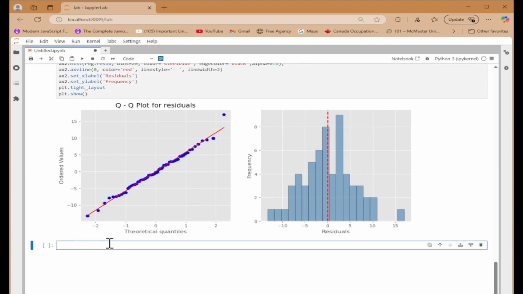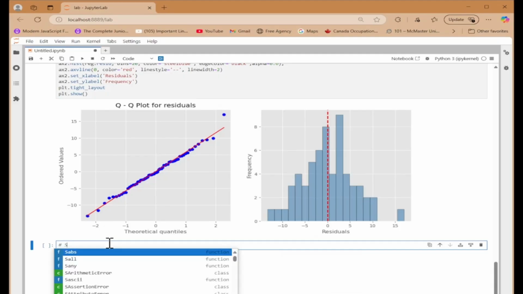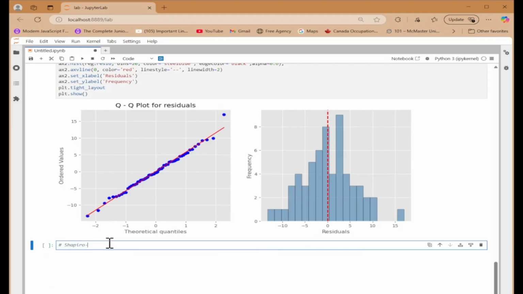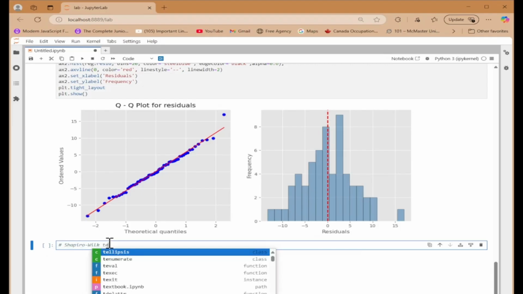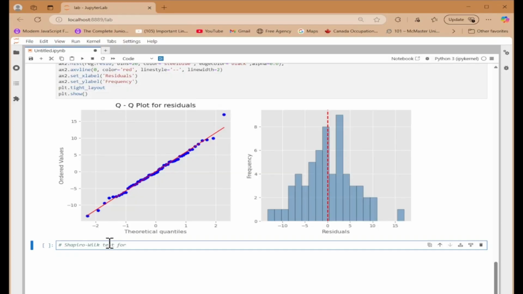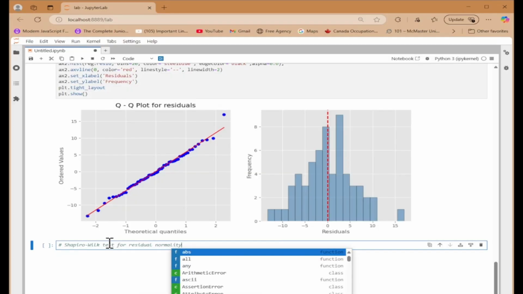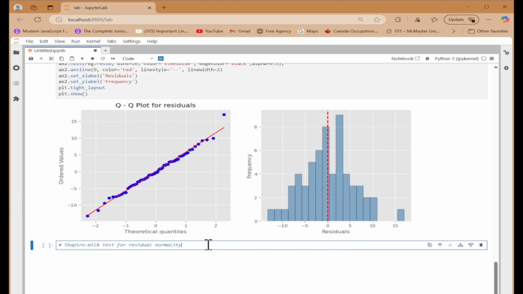To check this in a numerical fashion, let's use the Shapiro-Wilk test for residual normality. That test is very handy, a short one-liner, but very useful.